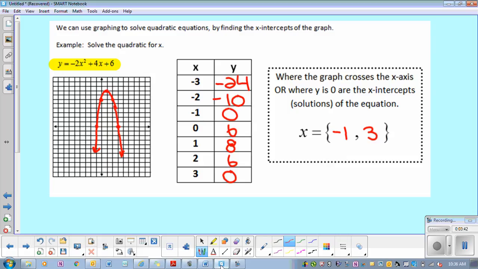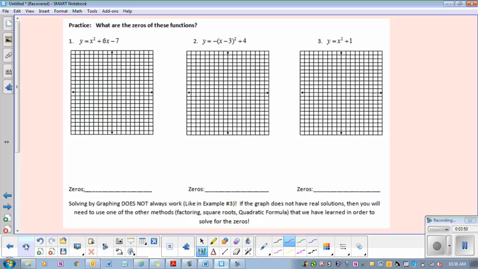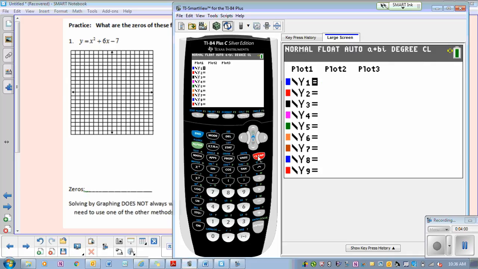Questions? All right. Let's practice some more. What are the zeros of these solutions? So number 1. Let's put this in. x squared plus 6x minus 7.